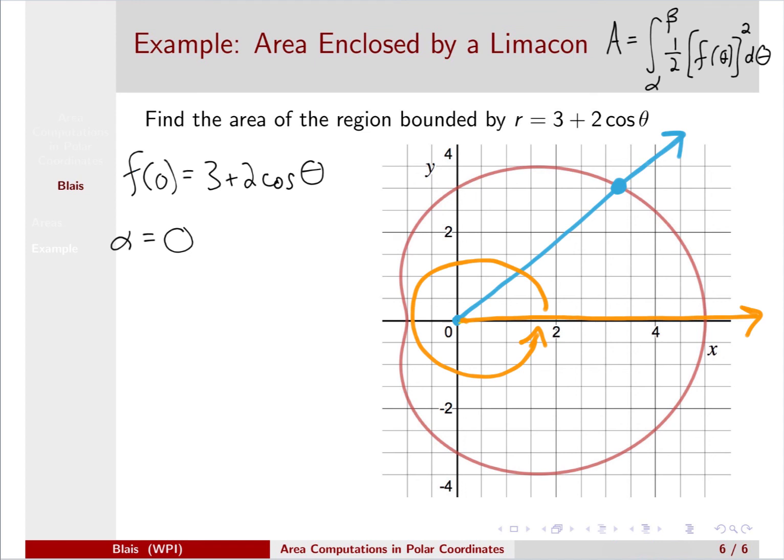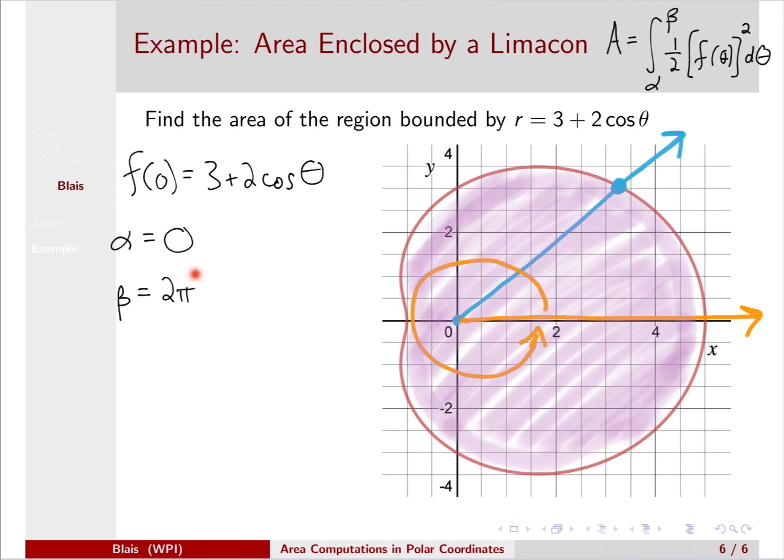We have to go from 0 radians to 2 pi radians. That gives us a single spin to sweep out the area of this region, and that's what we want. We want the area enclosed by the graph of this limacon.